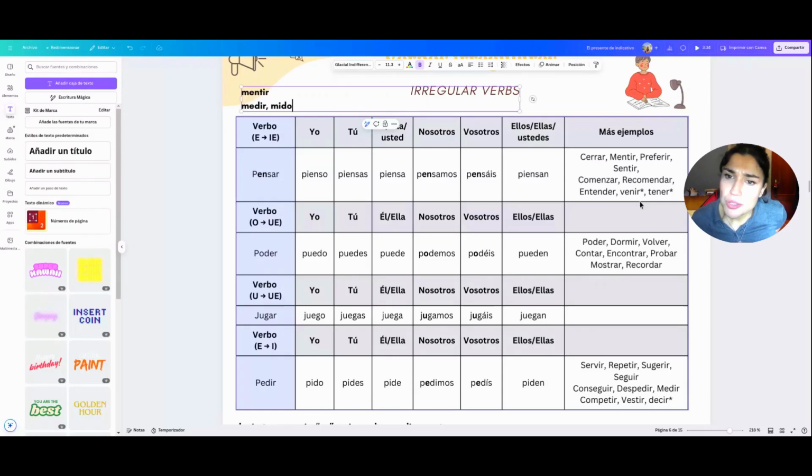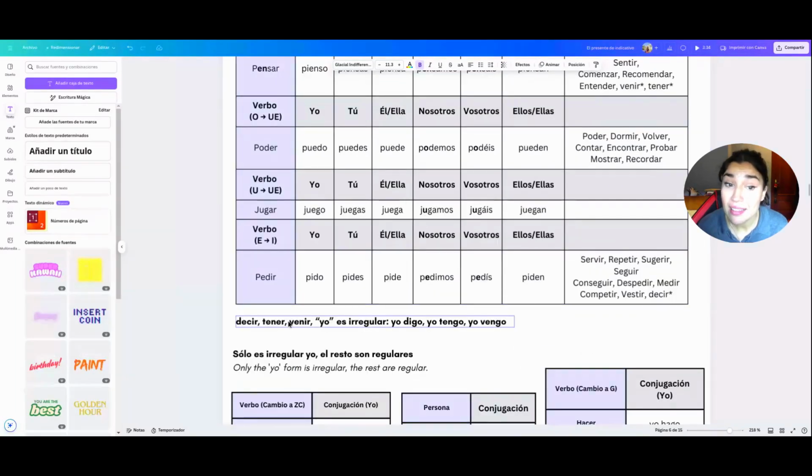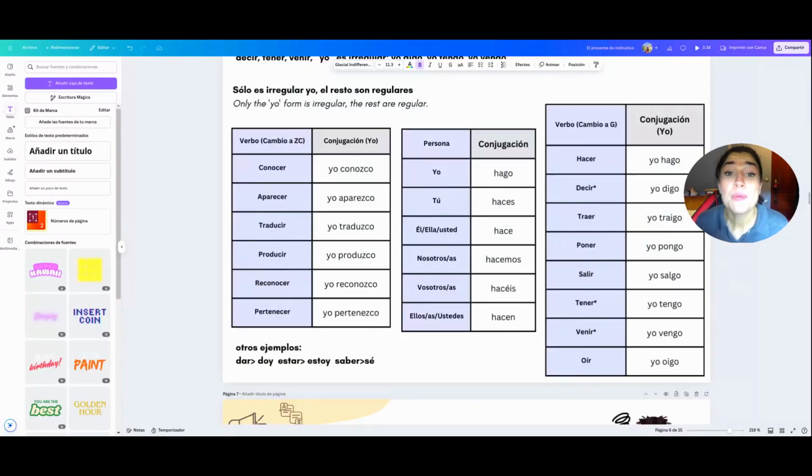So you see here that venir and tener, okay, they have like a little mark. Why is this? Because yo, okay, decir, tener and venir is irregular, okay? It will be yo digo, yo tengo, yo vengo. Why this? Well, we go to the next one. These are the irregulars where only the yo is irregular. For example, hacer.